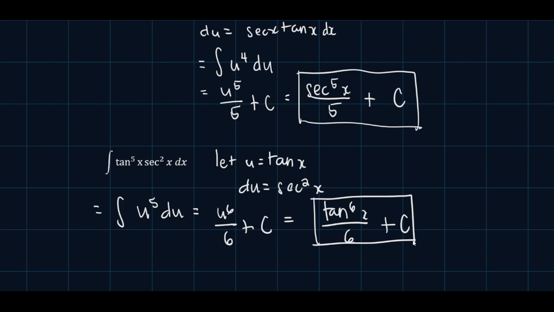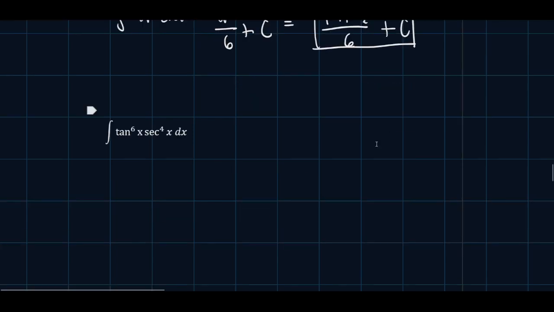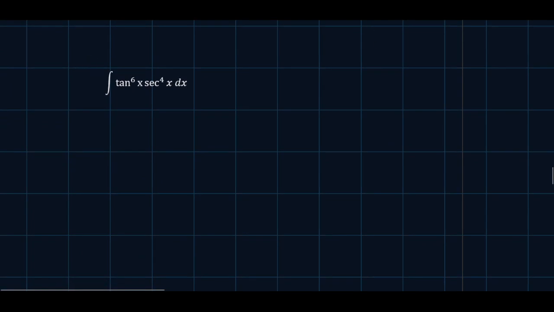Okay, so we still have to examine, no, kung mas madali ba kung magsa-substitution na lang tayo. Okay, for instance, we have this, the integral of tangent to the 6x times secant to the fourth x dx.